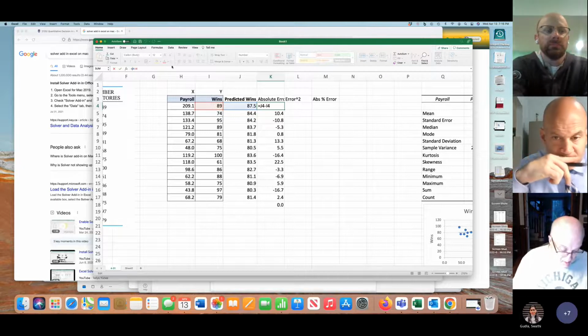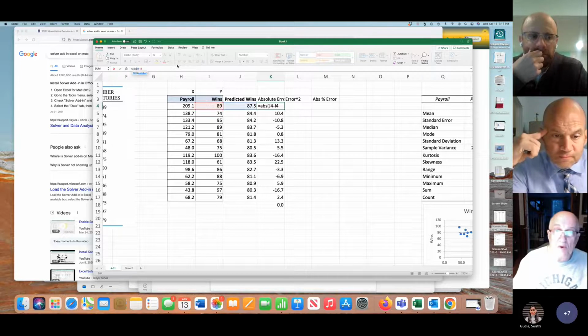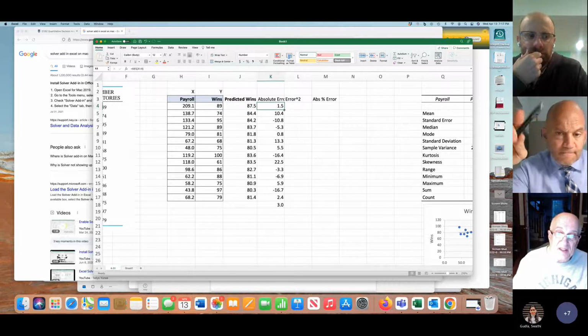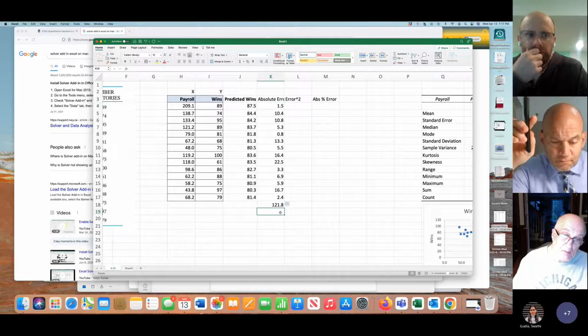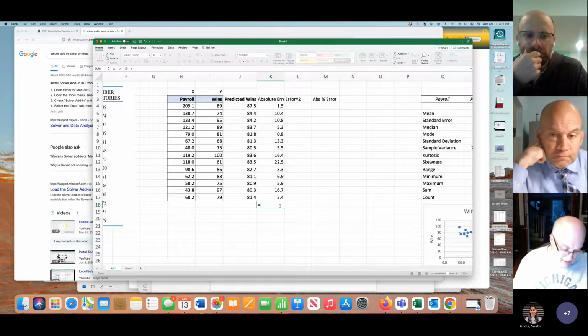All right, I want to put ABS, absolute value, and put parentheses around what I'm trying to do. It's going to give me the same numbers, except it's just going to tell me the positive difference between them. Now it adds up to 121. But I don't really care about the sum. What do I care about? I want the average.